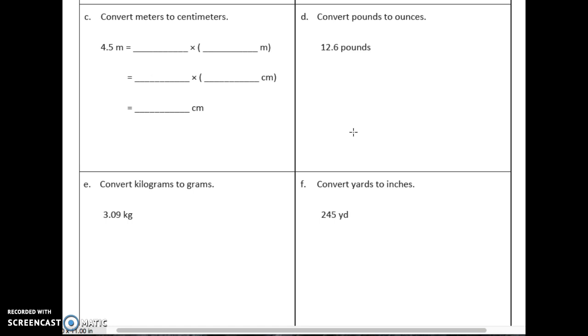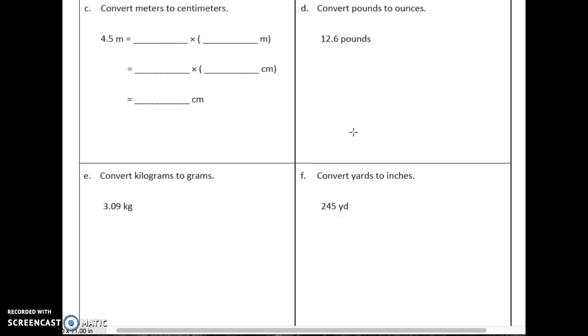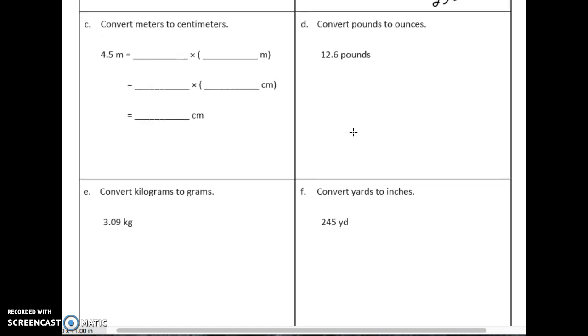So the next one I'm going to take a look at is we're going to go metric. We're going to be taking a look over here at E. We're going to be converting, here's our two nouns, kilograms to grams.